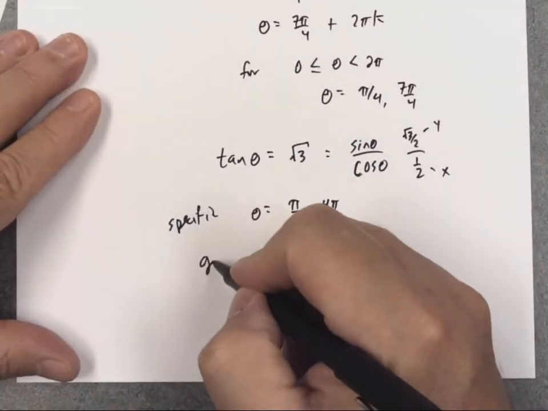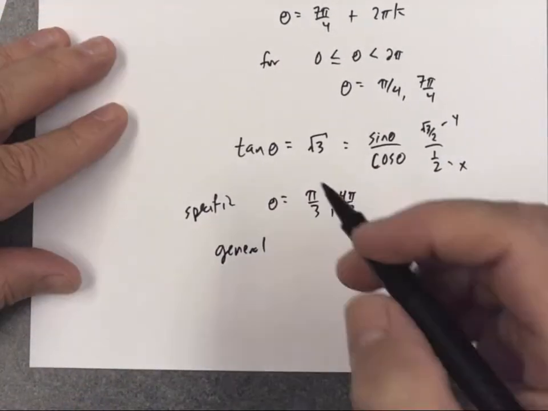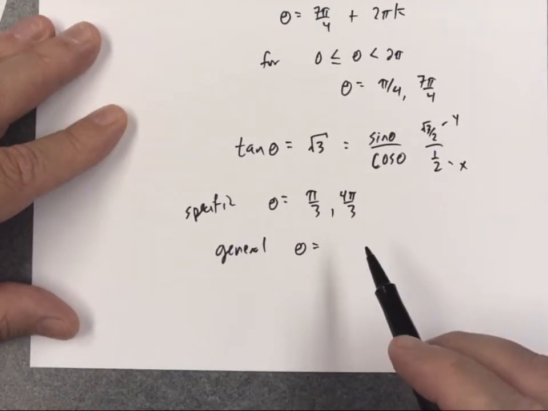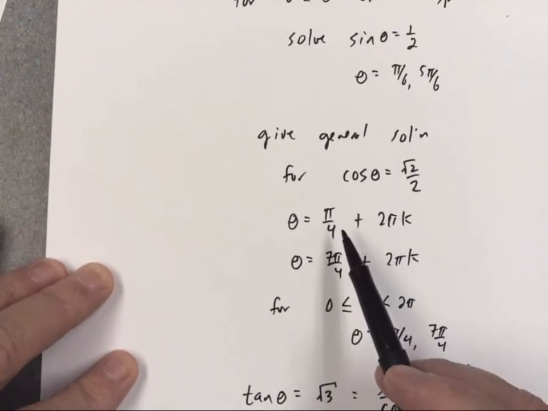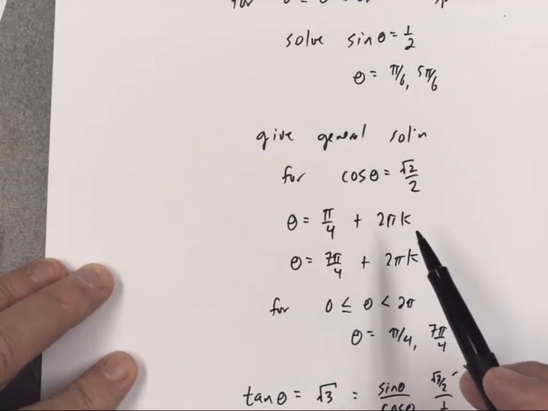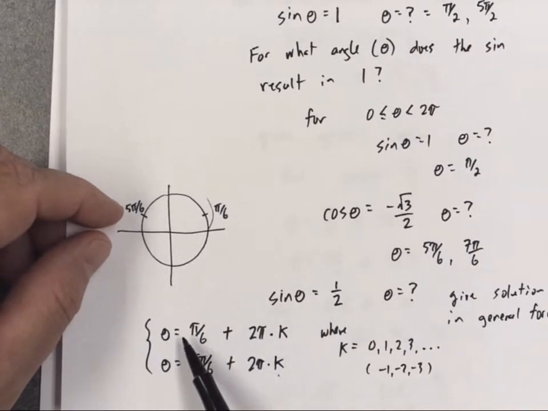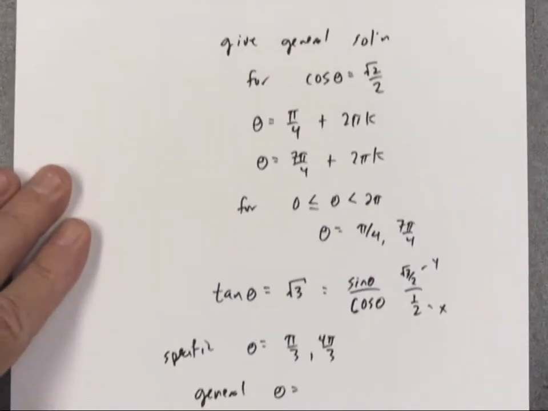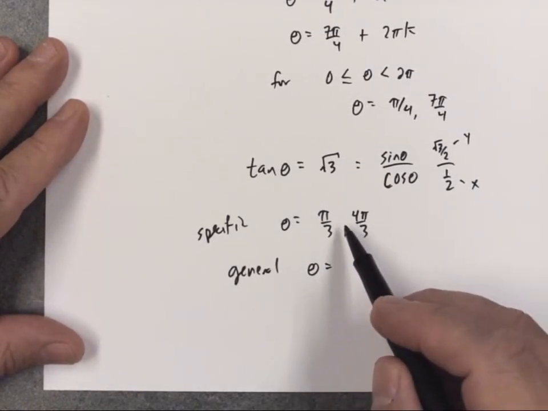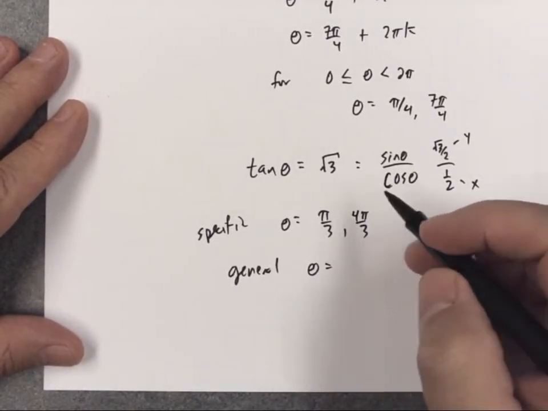But if they want the general, in other words, include the k's, what's interesting is, for tangent, normally for sine and cosine, I had to write them separately and add on 2 pi k to each one. Right? Here's the one for the sine. Did them separately. Just the way it works out for the tangent, even though once again I've got two solutions on one trip around the unit circle, as it turns out, you don't actually have to write them separately.